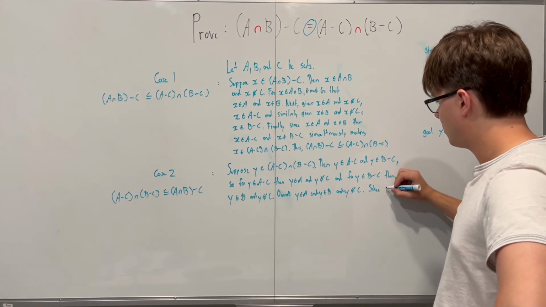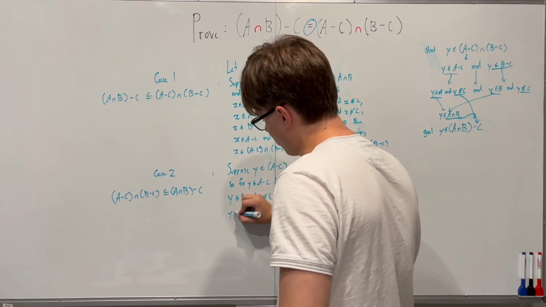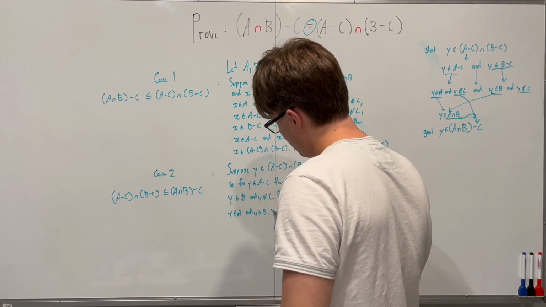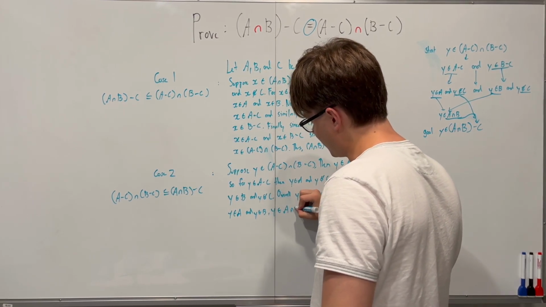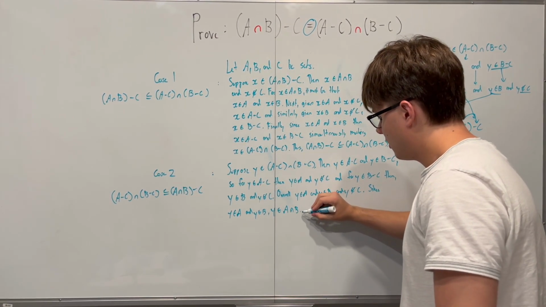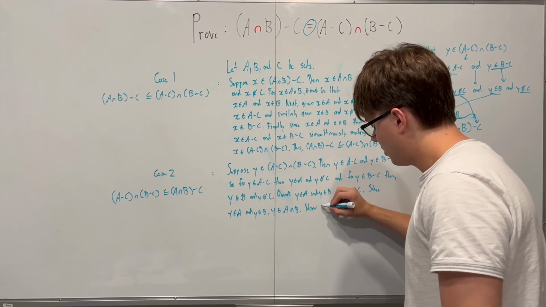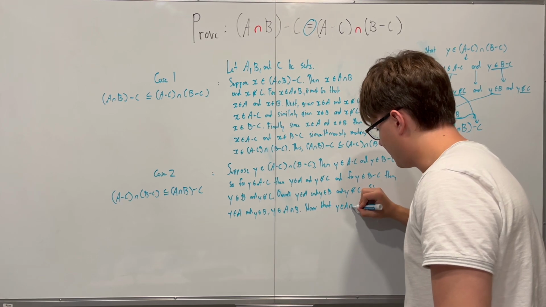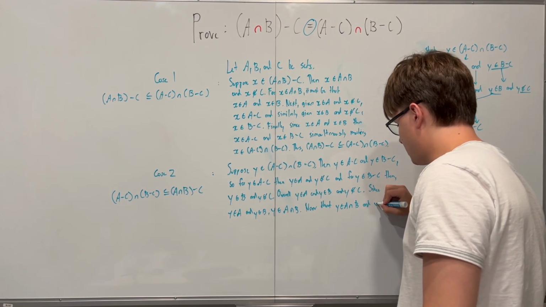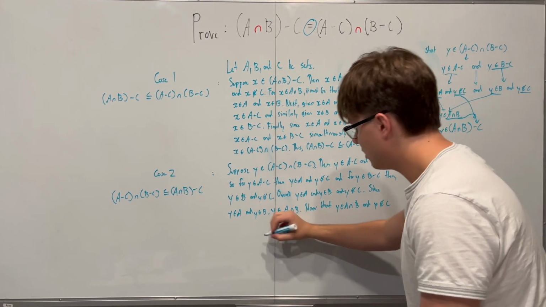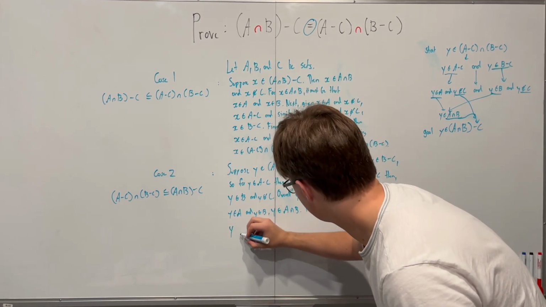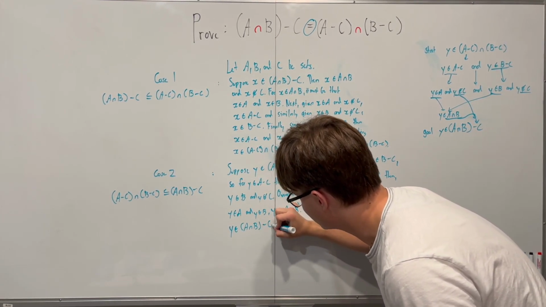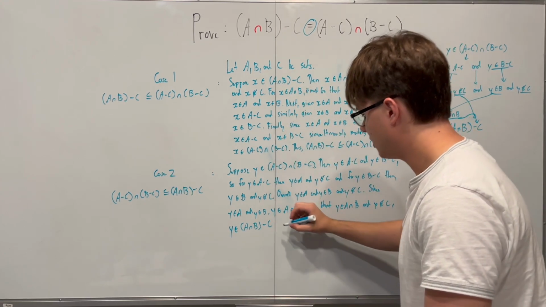Since y is an element of A and y is an element of B, y is going to be an element of A intersect B. And then we can say now that y is an element of A intersect B and y is not an element of C, y must then be an element of A intersect with B minus C. Fantastic.